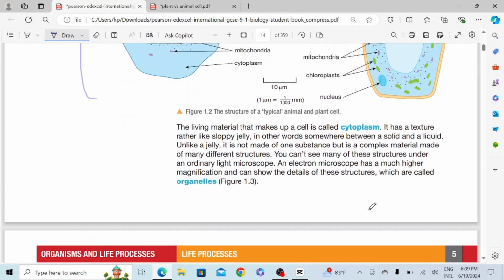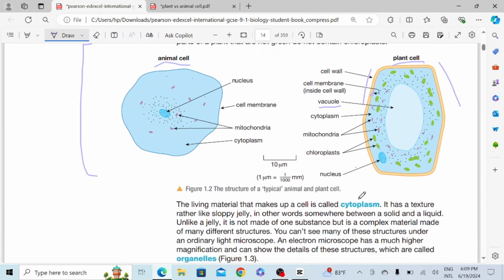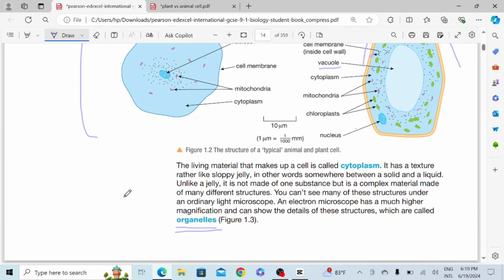And something that's essential for O-level biology is knowing about organelles, right? All of the things that you saw, like mitochondria, chloroplasts, can be called organelles, different structures inside a cell, and you generally cannot see them with the naked eye.